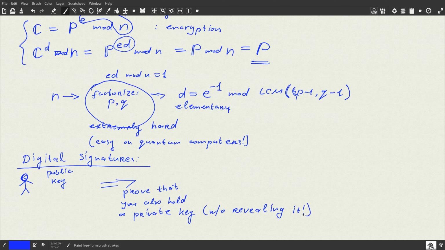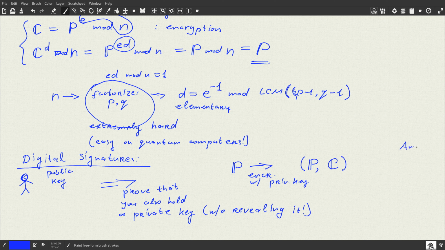How? Taking some plain text, encrypting this plain text with now the private key, right? Returning to the internet community a pair of your plain text and encrypted text, all right?